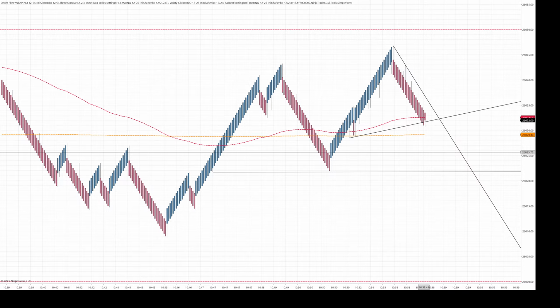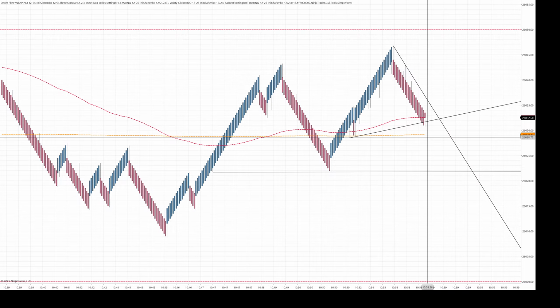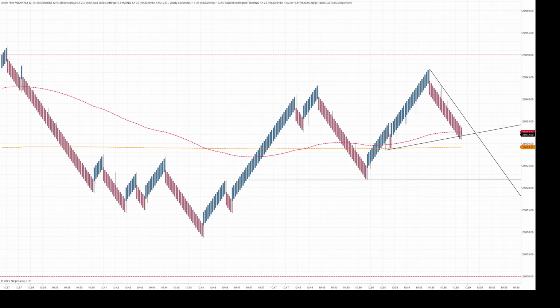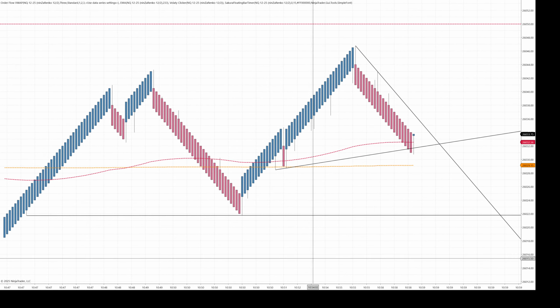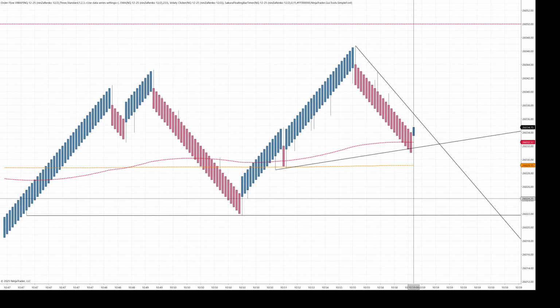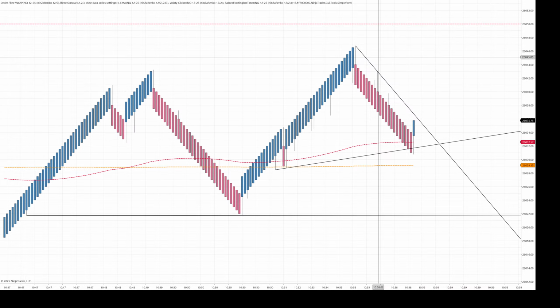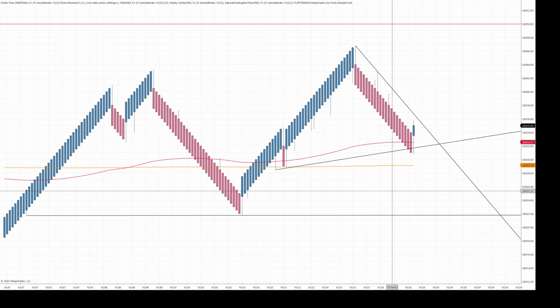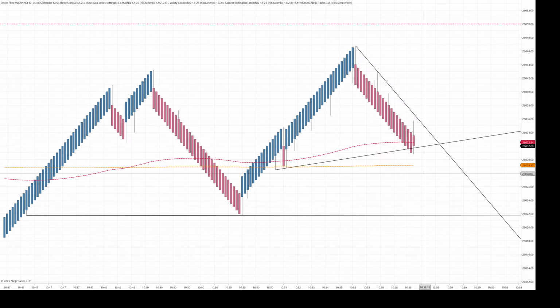Okay, looks like we want to come back up into the view up zone. I do have this trend line in the way though, so I can't take this bounce here.